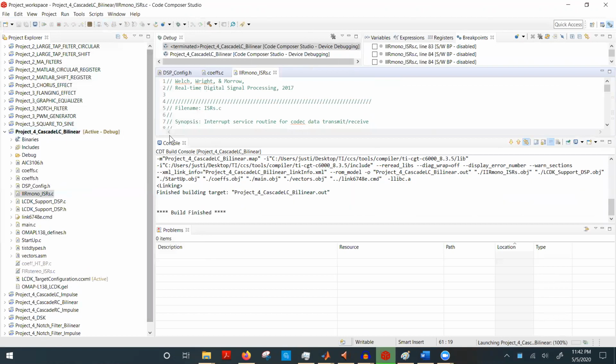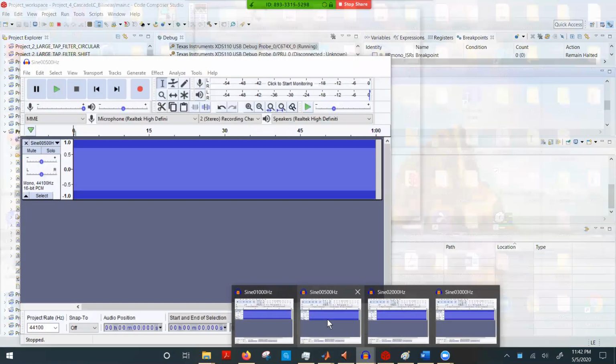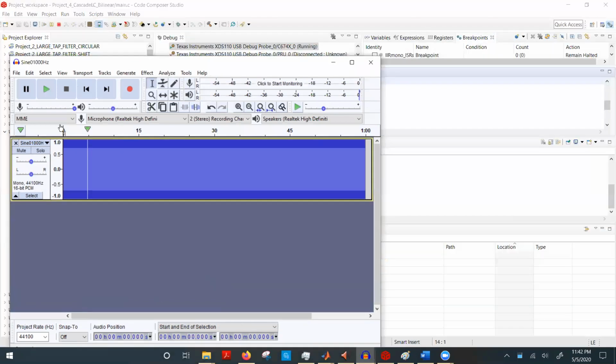And this is for bilinear, by the way. So this is done building. Alrighty. So now we can pass through some signals. Since the passband is 1500 to 3000, if I put in a 1000 hertz signal, oh, let me turn this up. There it is. It's attenuated.